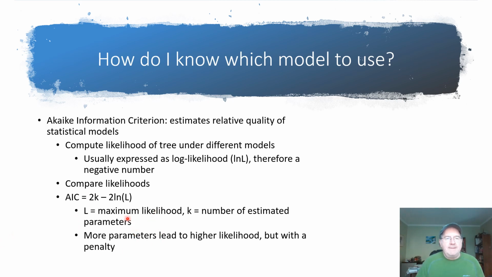So basically the bottom line is that adding more parameters in your analysis will lead you to a higher likelihood, but you're going to be penalized because of the number of parameters you come up with. And so you'll get Akaike information criterion values for all the models.